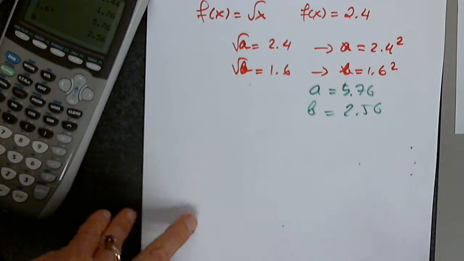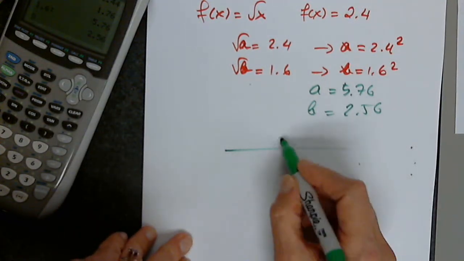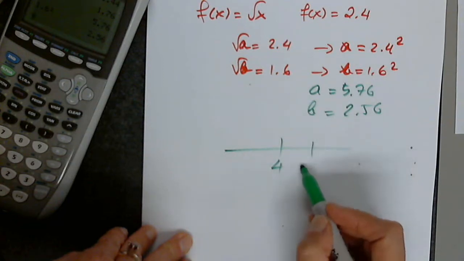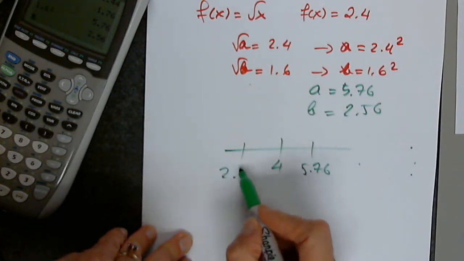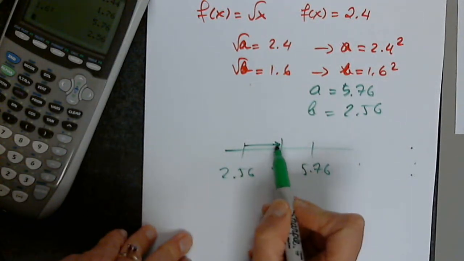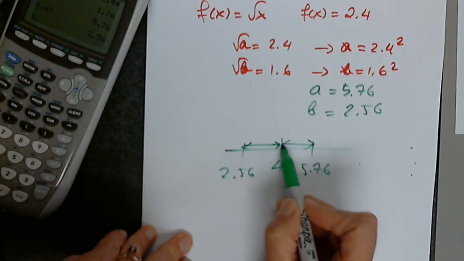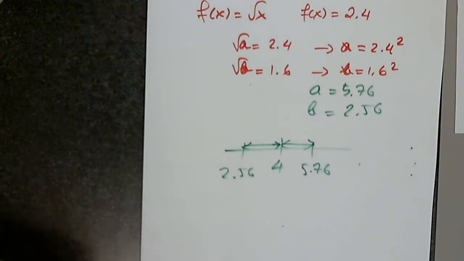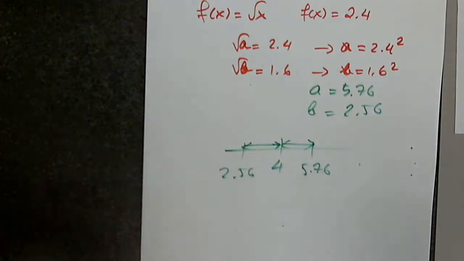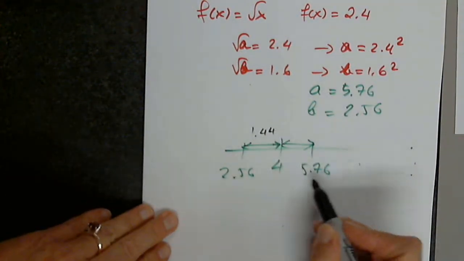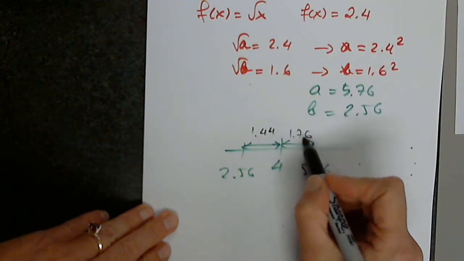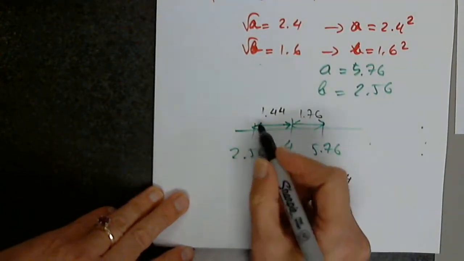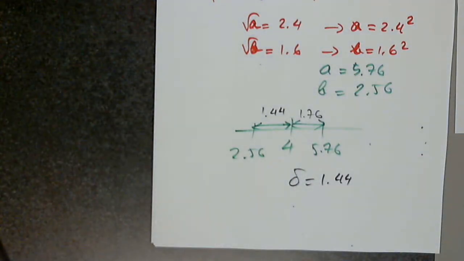I wanted to review solving absolute value inequalities with you. So this is my 4, and this is my 5.76, and this is my 2.56. I determine this and this, and the smallest of the two is what I'm looking for. And of course, what we just did a second ago, this is 1.44, and this is 1.76, as we knew. So delta must be 1.44 because it has to be the smallest of the two.